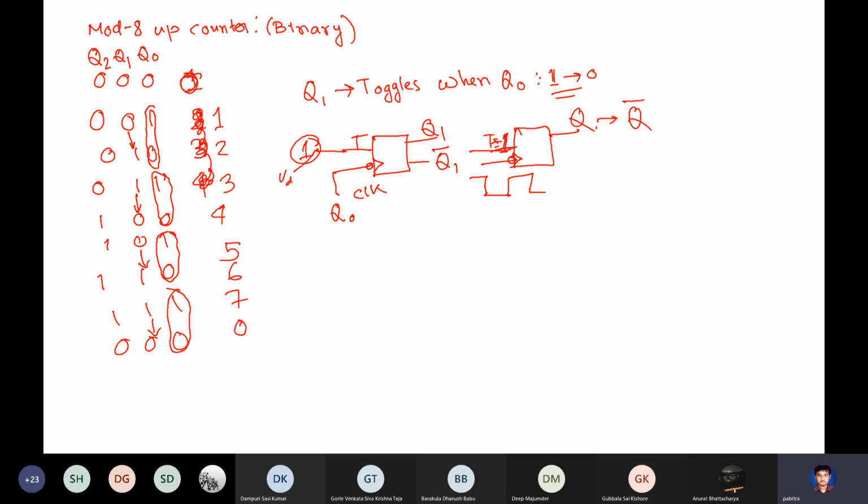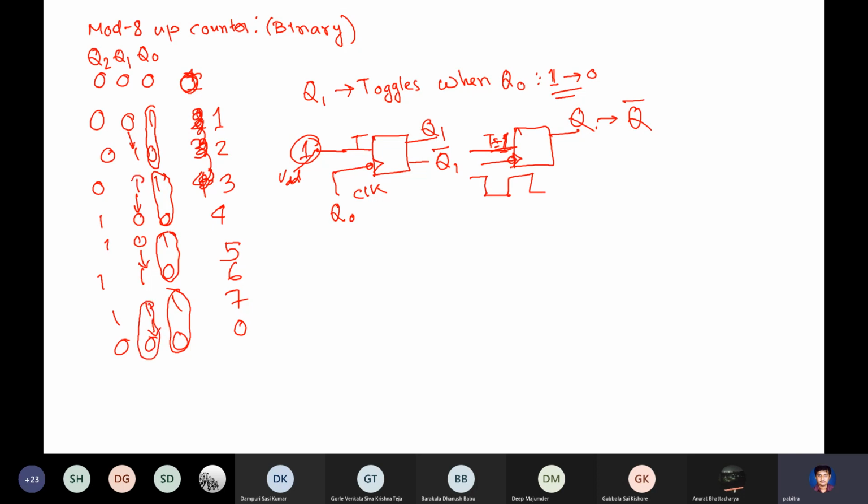Okay, so VDD or something, this you permanently set to logical 1. And whenever this clock comes from Q0, you make Q2 toggle. Note that this operation repeats. If you look at Q1, whenever Q1 goes from 1 to 0, only then Q2 makes a transition. Q2 makes a toggle.